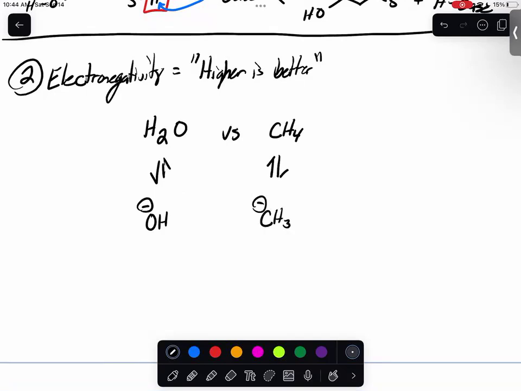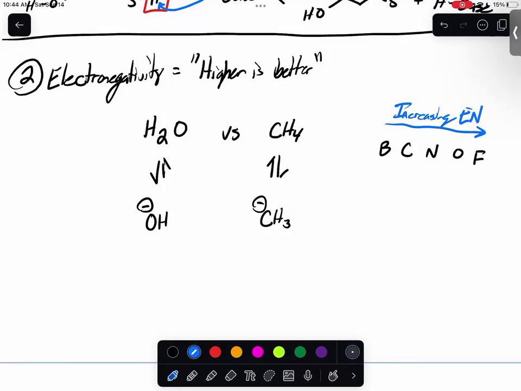All right. And so with electronegativities, if you remember what we talked about previously in our resonance chapter, we were looking at electronegativity increases as you move left to right on the periodic table. So if we're looking at this first row and we're moving over this way, this is increasing electronegativity.